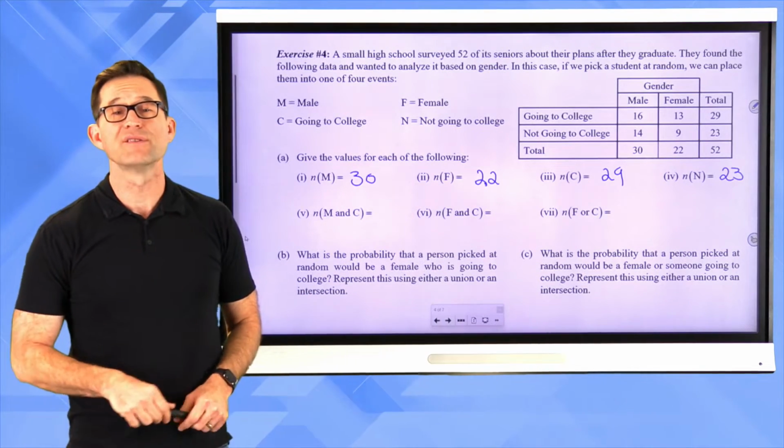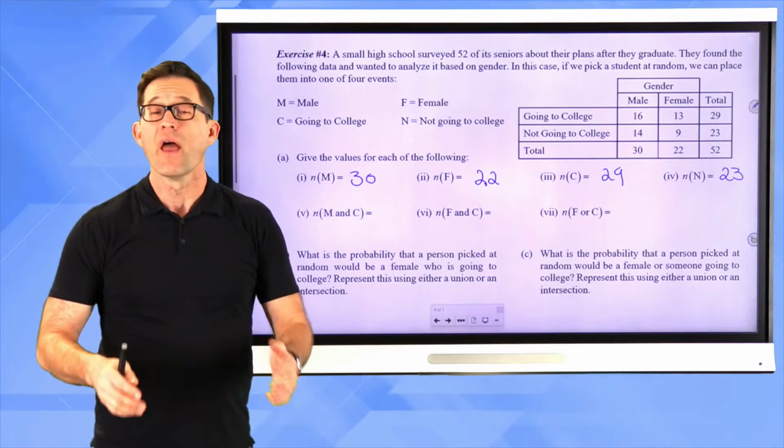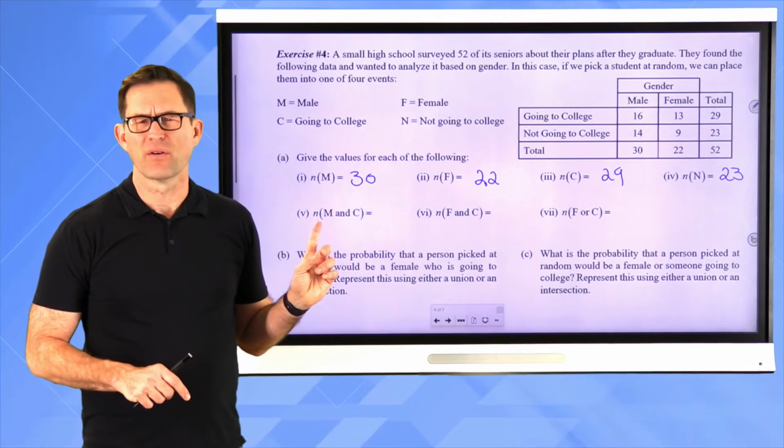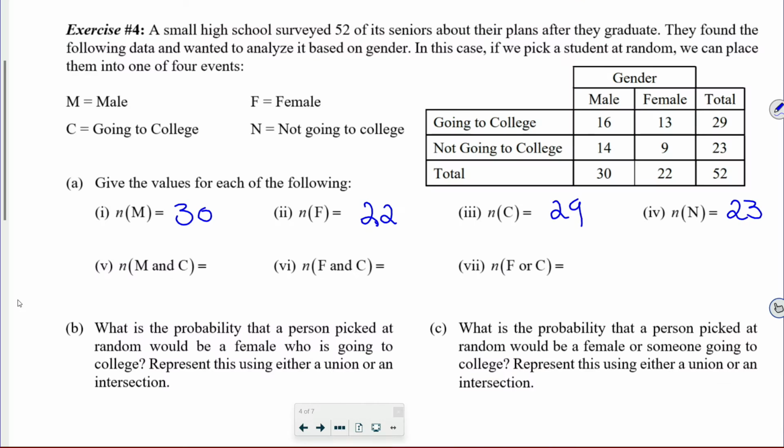Now we start to get into some intersections and some unions, right? So in part 5, the number that are men and college.